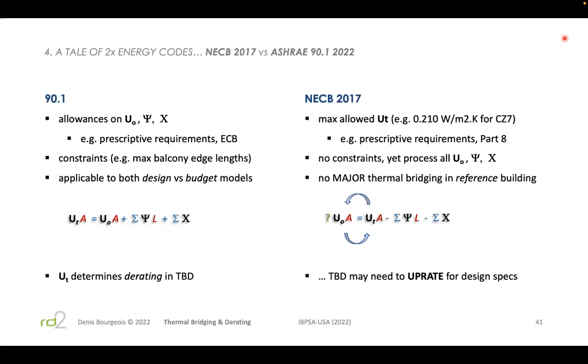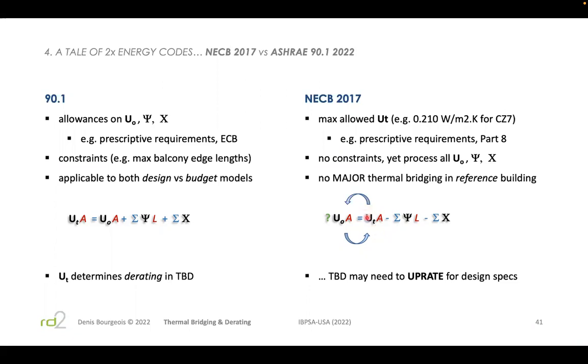Since all the thermal bridging, not only the minor, but the major thermal bridging needs to be factored in, what the code is requiring is a UT. So if you want to comply to the prescriptive requirements, your UT becomes an input. So here's my UT on that part of the equation. You have to reorganize this equation so that terms are on different sides of the equation.